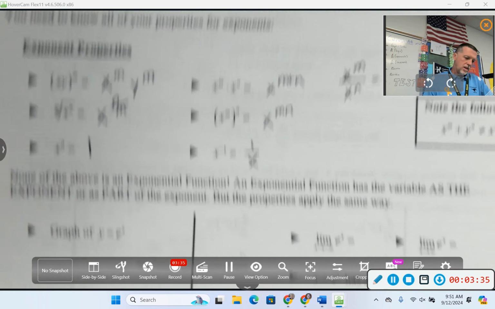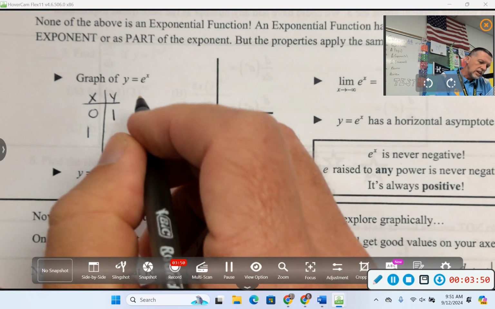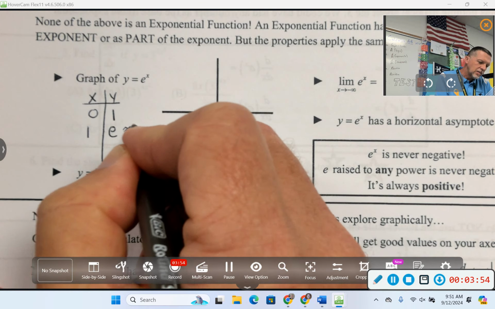And that's another one where you may not remember what the graph looks like. We just said anything to the 0 is 1. E to the first would be e, which is about 2.7. Let's graph what we know here. So 0, 1, 1, comma, 2.7.